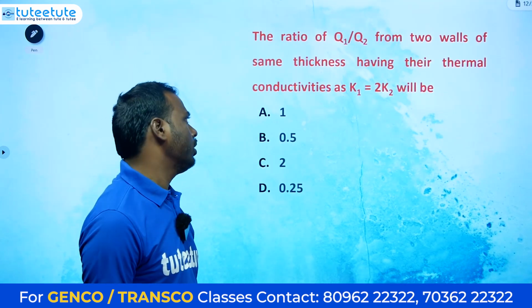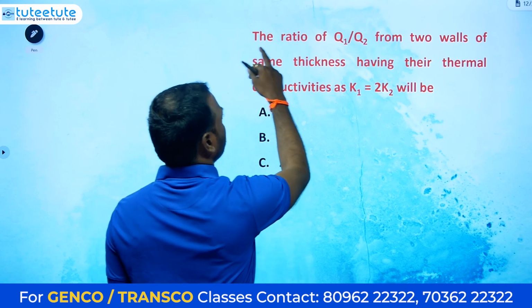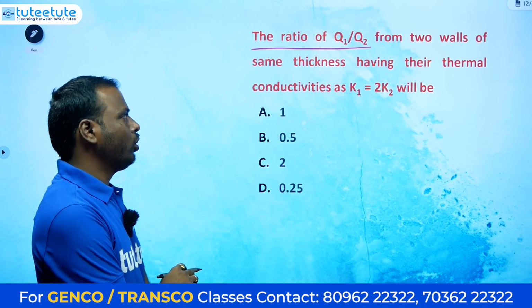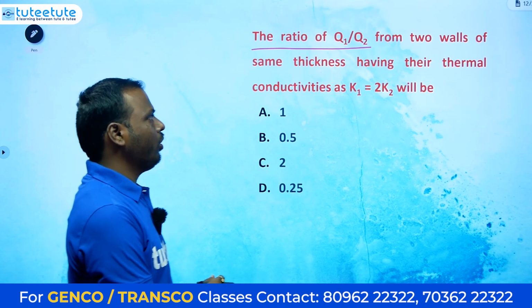Wonderful question. Here, the ratio of Q1 to Q2 means there are two heat transfers from two walls.